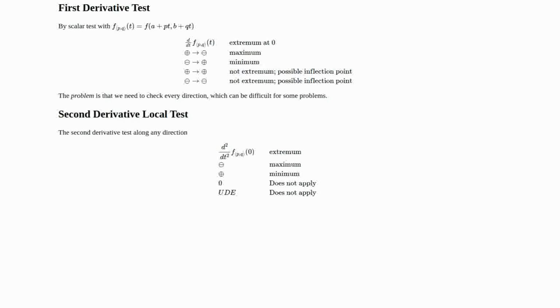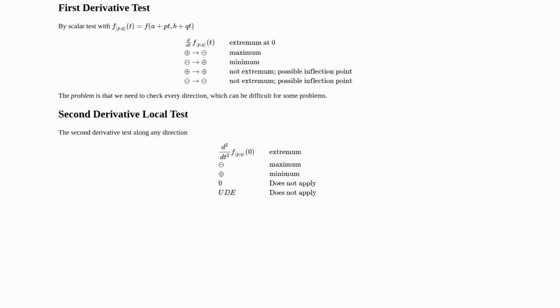The second derivative local test is along any direction, you take the second derivative of these same functions, f_pq, where (p, q) is a unit direction vector, and look at that at 0. And we can again classify the extrema according to this value of the second derivative.